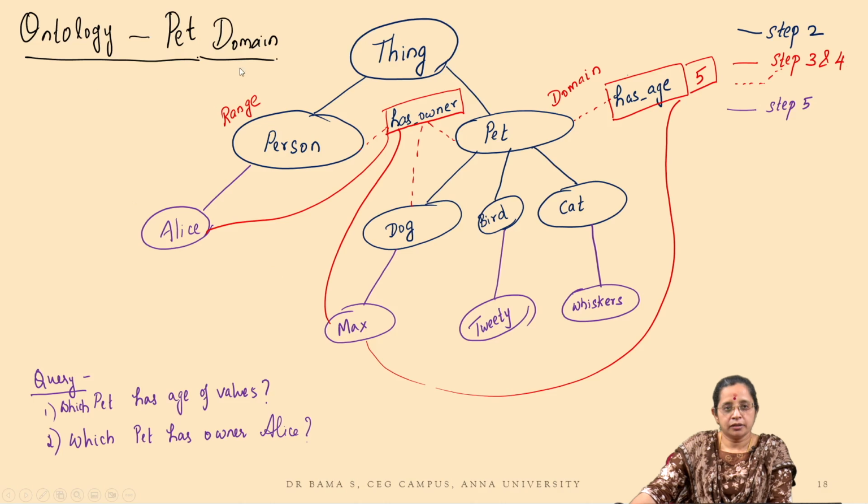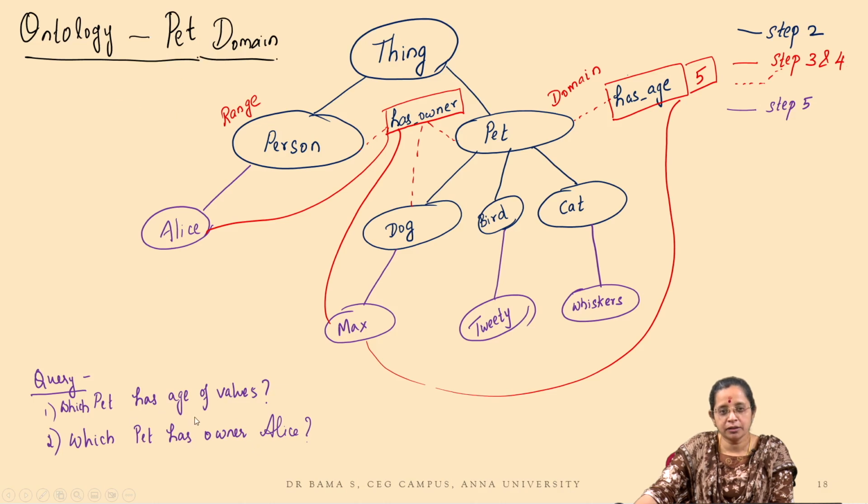If you see in this slide, the example that we worked out during last stage, in the PET domain, there are 5 steps. In the first step, we are defining the scope and the competency questions. The scope is PET and the competency questions, just assume for example just 2 questions here.